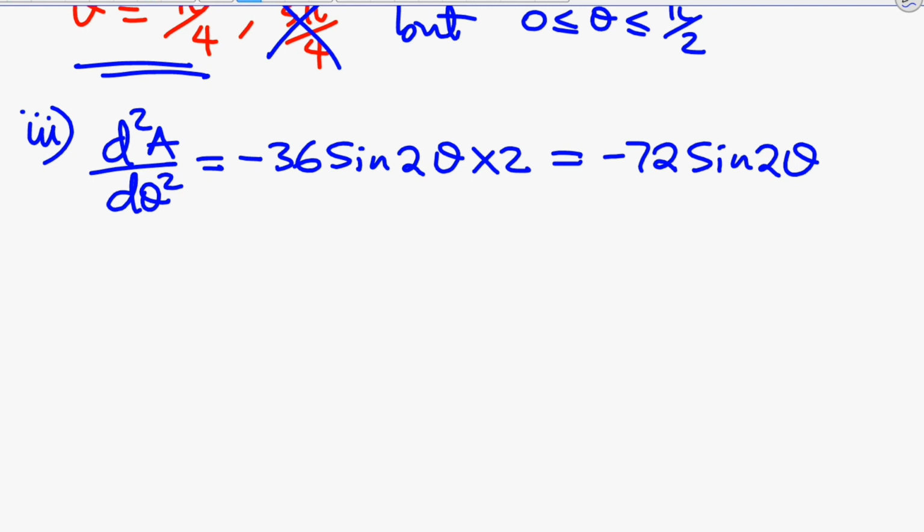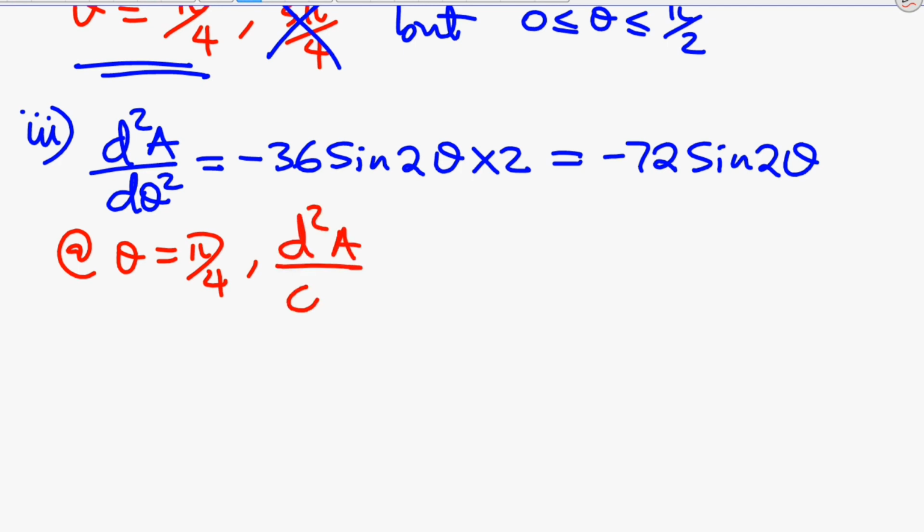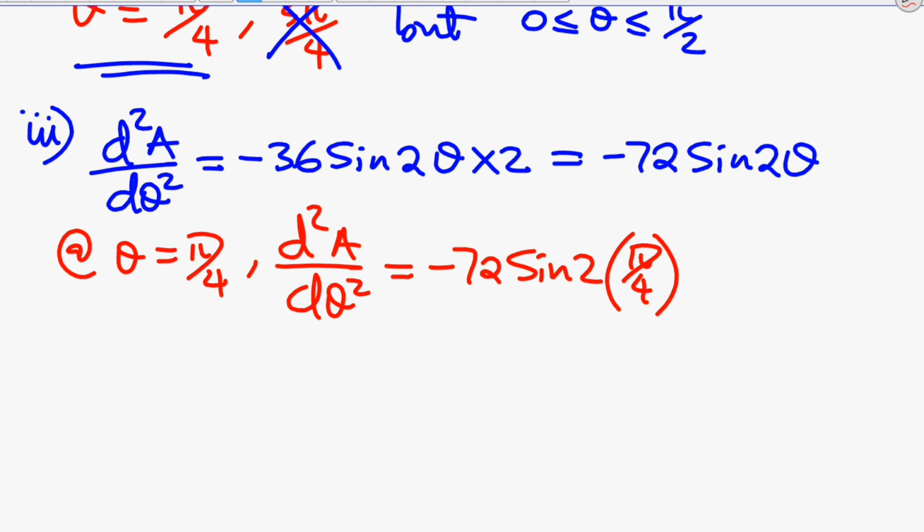Now at theta equal to pi over 4, what will be the second derivative? That will be equal to negative 72 sine 2 theta, which is pi over 4, and that will give us negative 72 sine pi over 2.